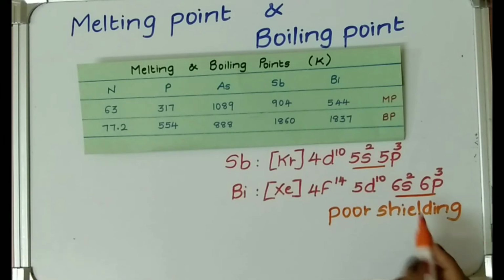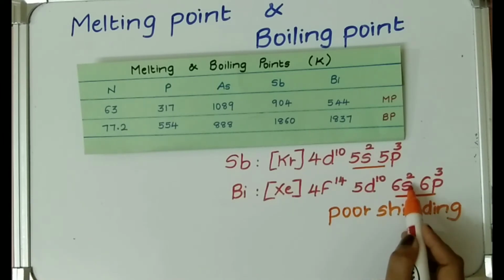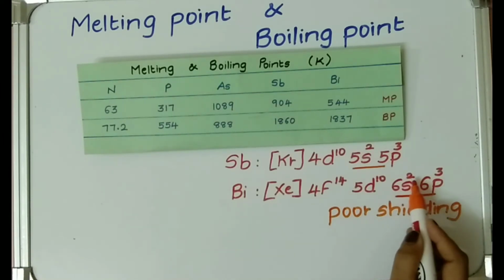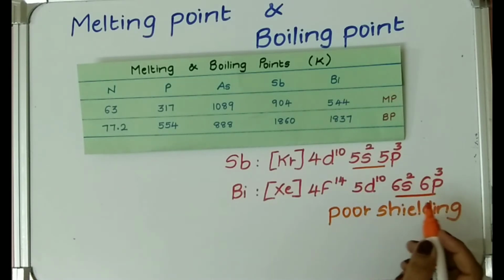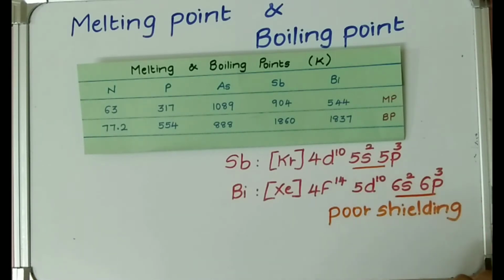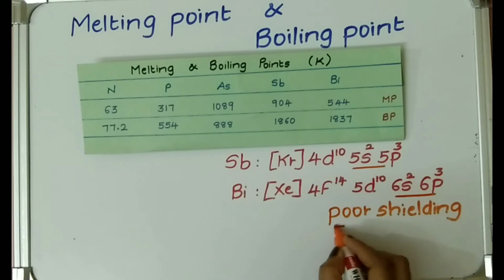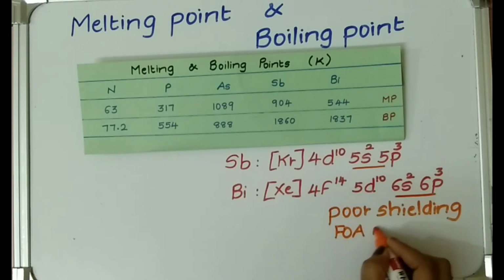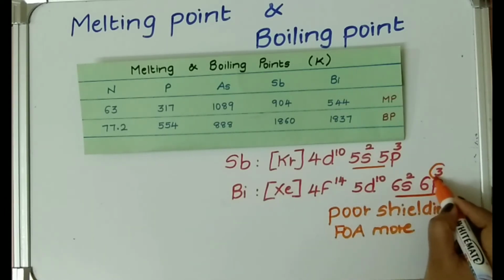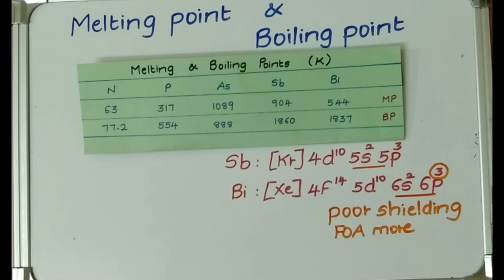Therefore the s electrons, the two electrons in the s orbital, will be attracted towards the nucleus. The force of attraction is more, correct, and only 3 electrons are available for bonding. Only 3 electrons are available for bonding.